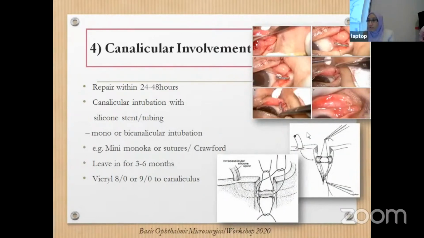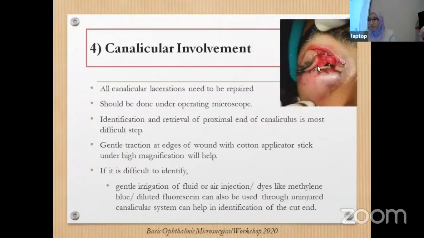This is how we identify. This is the pigtail, like a pigtail probe from the distal end, not like this one.